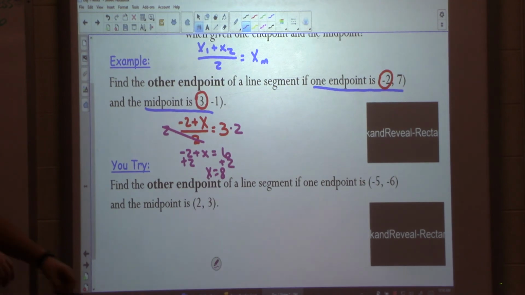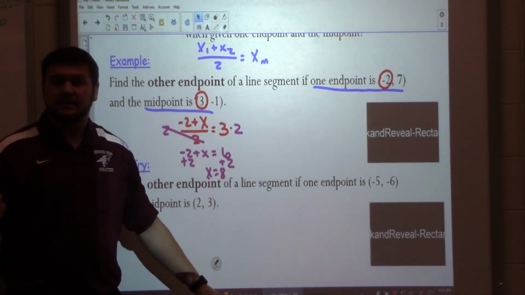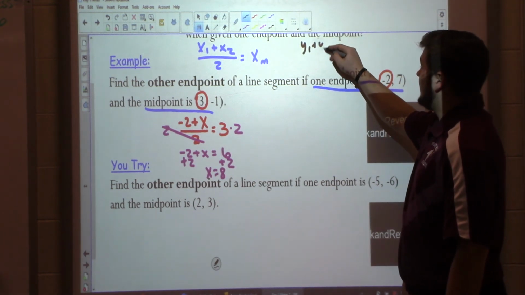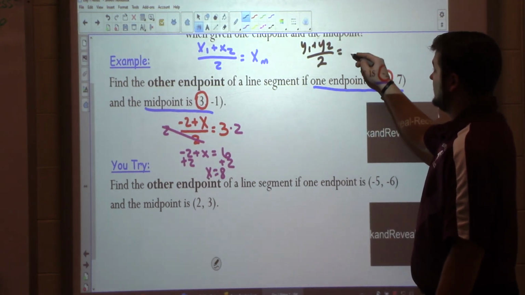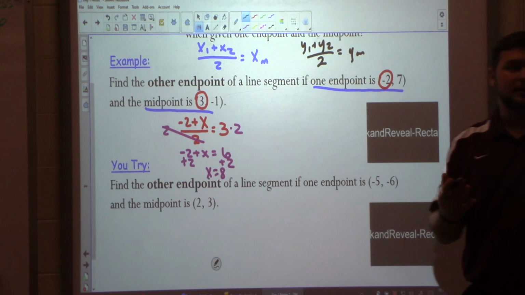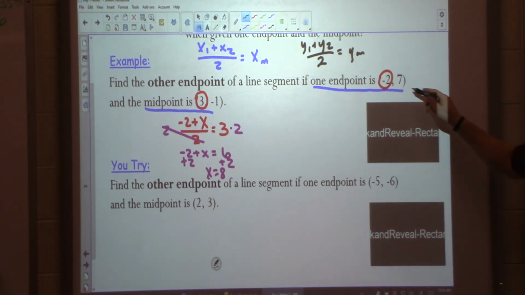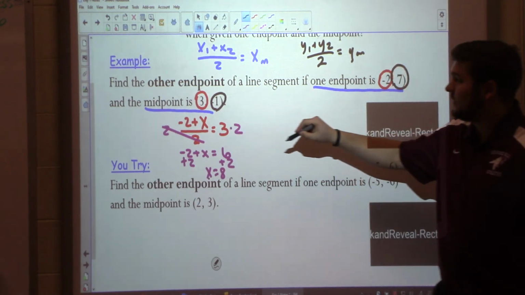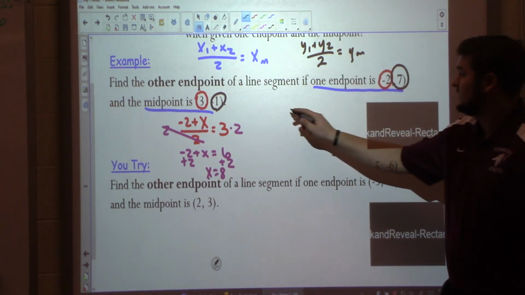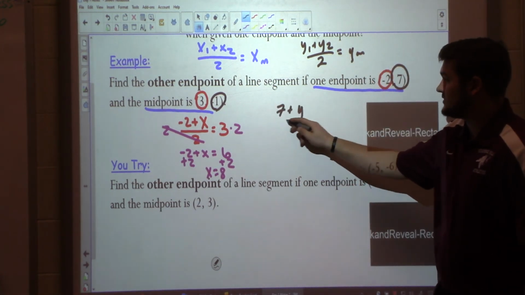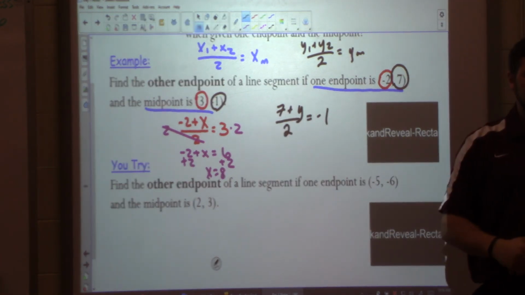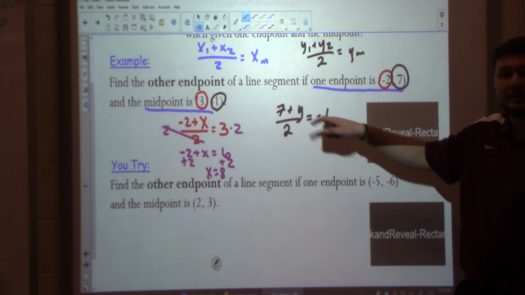But now I also have to find my y. It's going to be the same sort of thing. y1 plus y2 over 2 equals the y at our midpoint, right? Well, if I take the y from my first endpoint and the y from my midpoint and plug them in, 7 plus y over 2 equals negative 1, I can solve for my other endpoint.